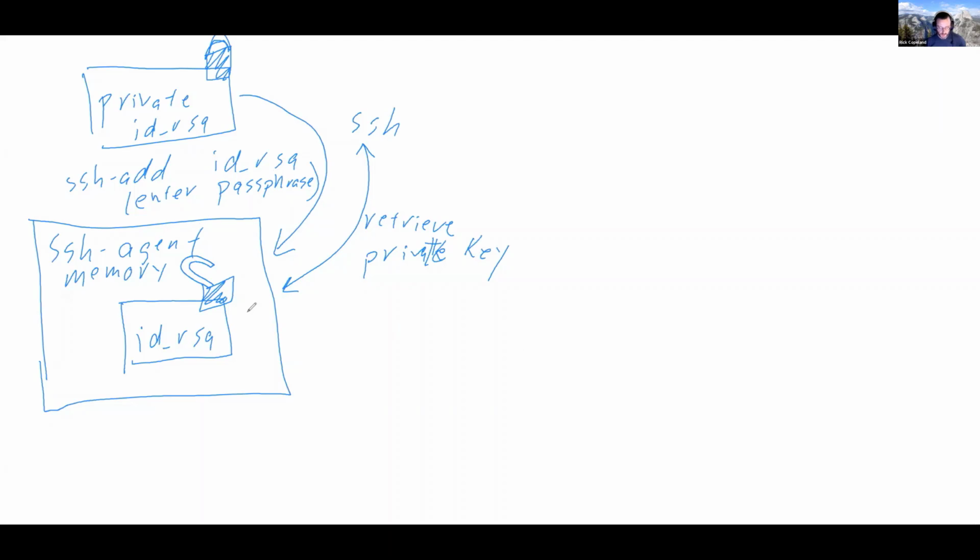And that's how it unlocks it, stores it in memory so that later on when you're going to be authenticating, you can grab it. So if you reboot your machine, you'll discover that you've got to SSH add your keys again. So if you try to push and it says, enter passphrase for whatever key, you might just want to hit Control-C, do an SSH add of whatever key it's trying to use. And then it won't ask you again when you try to push. Okay.